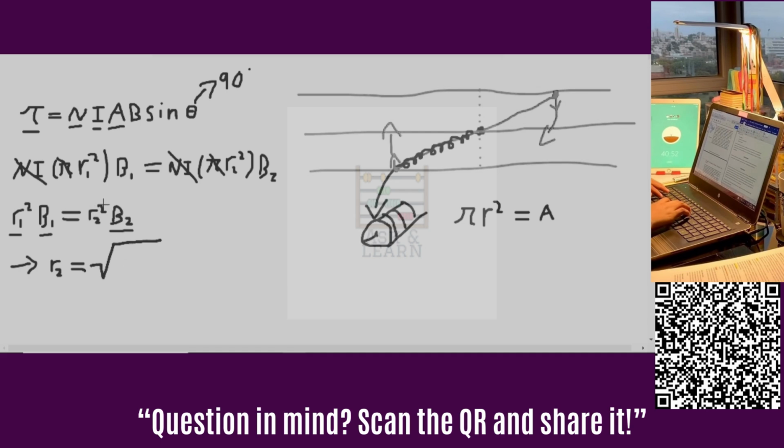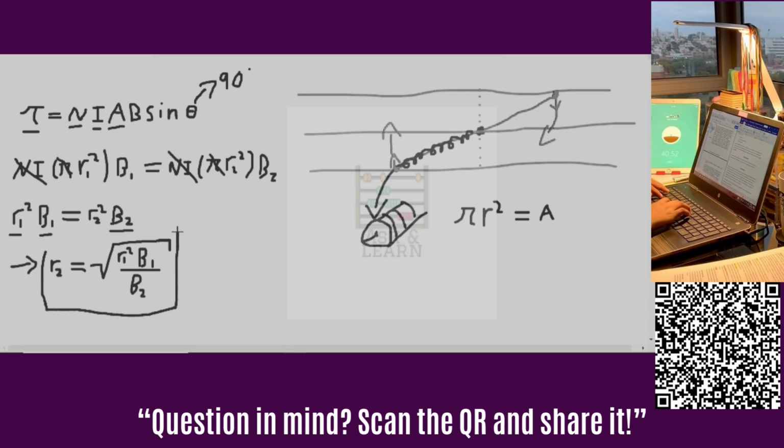I'm just going to skip ahead here and divide by B2 on both sides, so we get R2 on its own. We get R1 squared times B1, the magnetic field the first wire is in, divided by the magnetic field for the second wire, B2. And this is all under the square root. And this will give you your radius for your second wire.